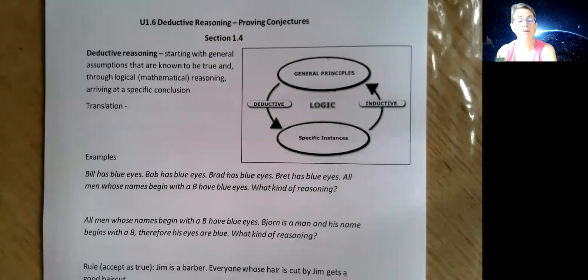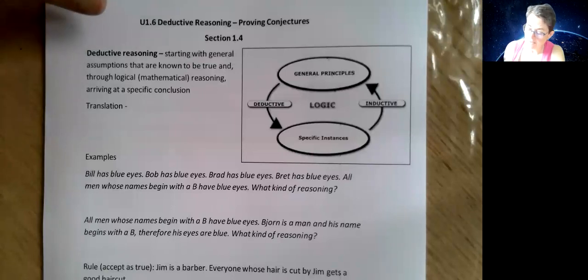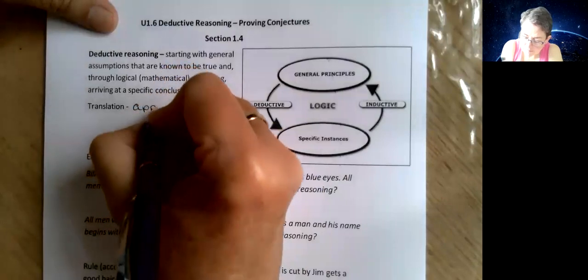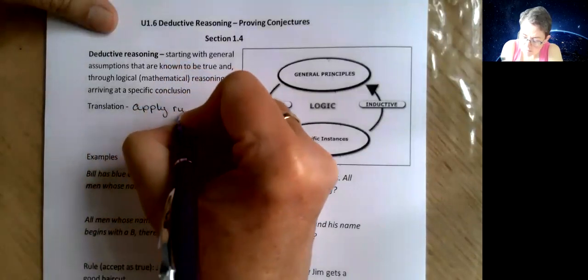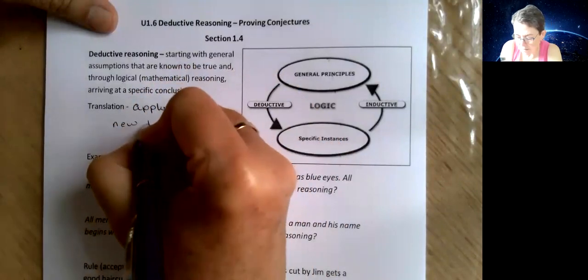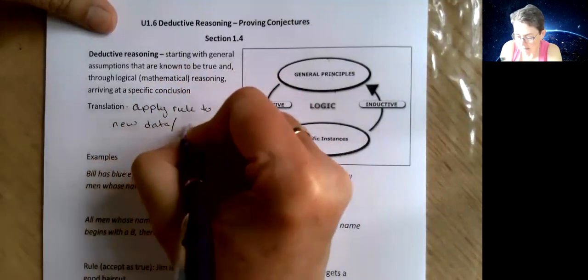You start with a rule, starting with general assumptions that are known to be true, and through logical and mathematical reasoning, you arrive at a specific conclusion. So, in simpler terms, apply the rule to a new data situation.